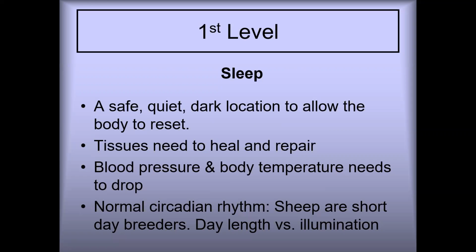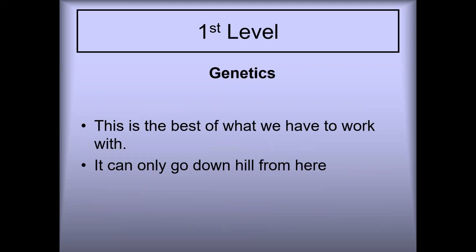In what most of us do, where we're trying to breed in July and August, it becomes even more important that they have some dark periods in the barn at night to try and get that natural system going.